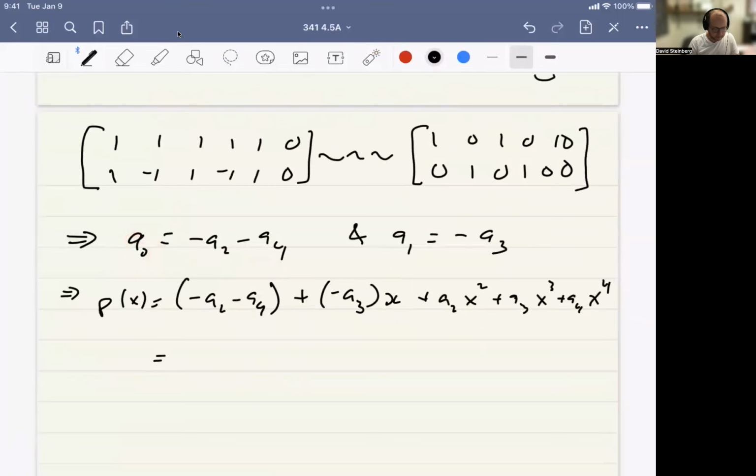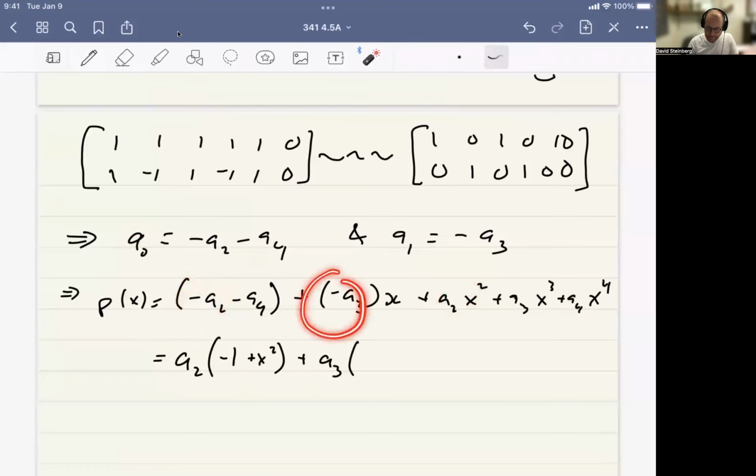Where are we going to find an a2? We've got an a2 with a coefficient of -1 and also a positive x squared. So this is -1 plus x squared. Where do we get a3s? We've got a3 with a negative x and a positive x cubed.